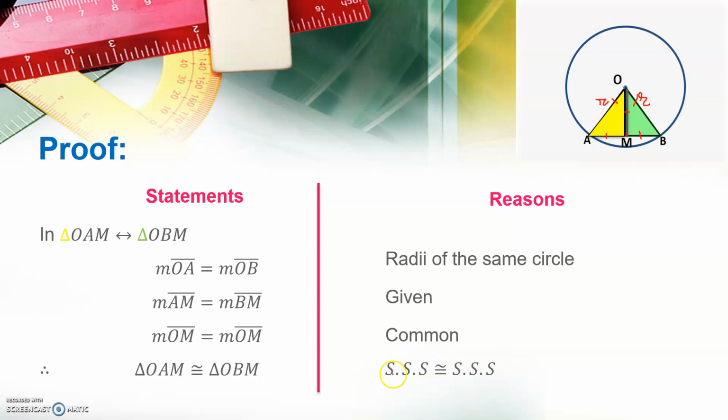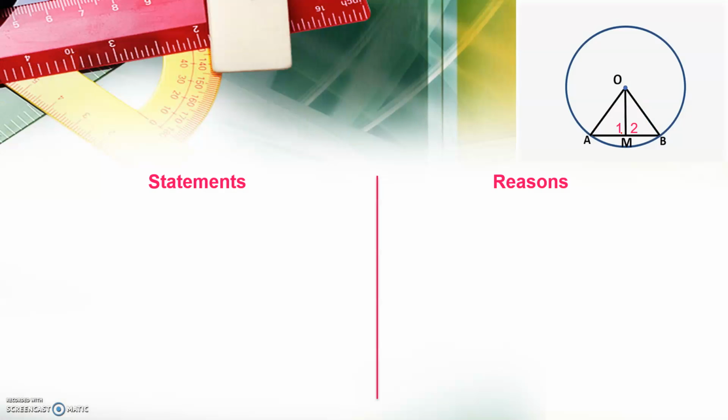This is also called the side-side-side postulate, as we have proved that all three sides of this triangle are congruent to all the sides of this triangle. Now measurement angle 1 is equal to measurement angle 2, and label it as equation 1.